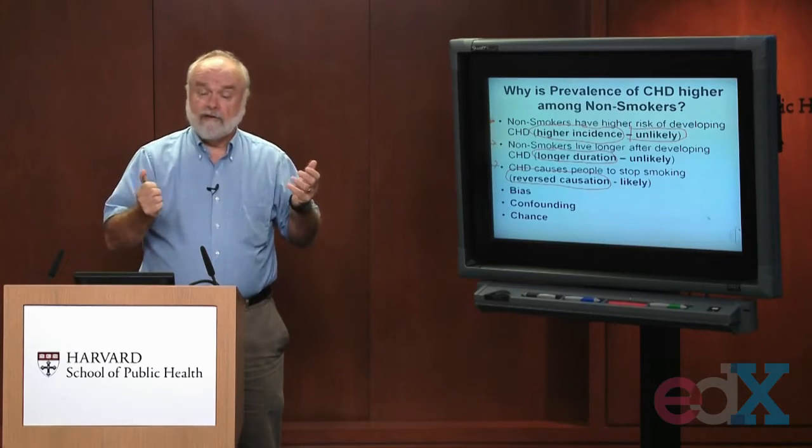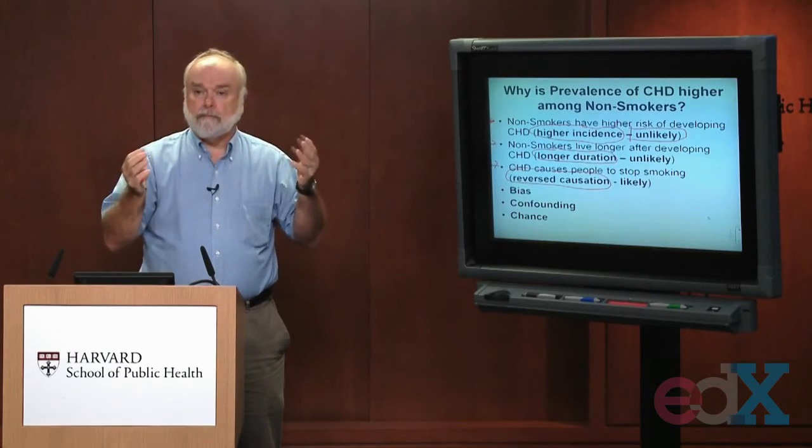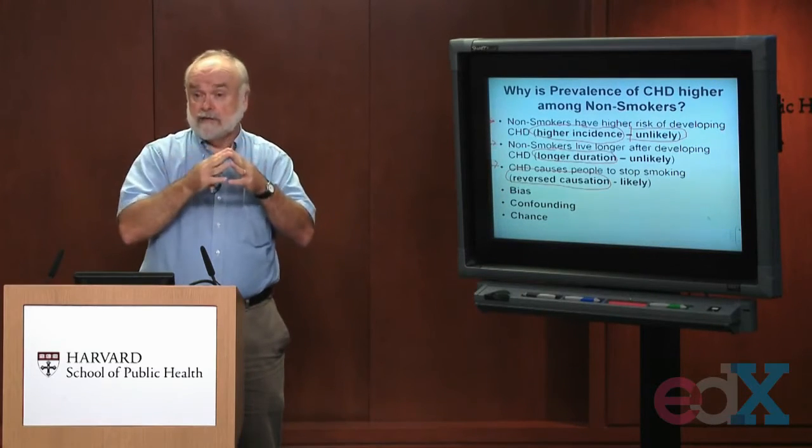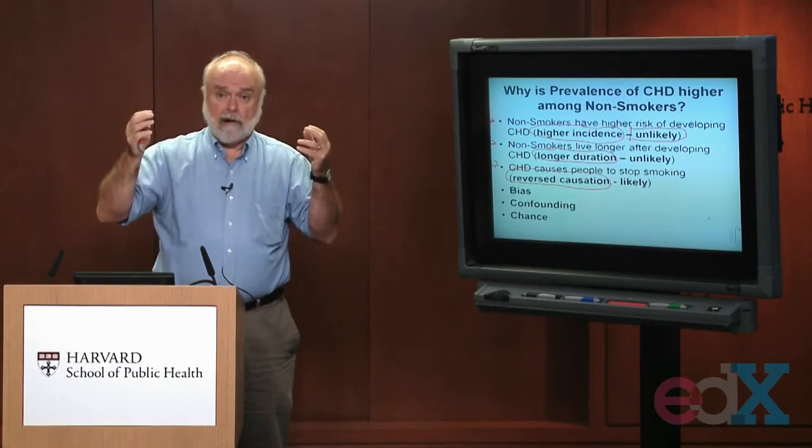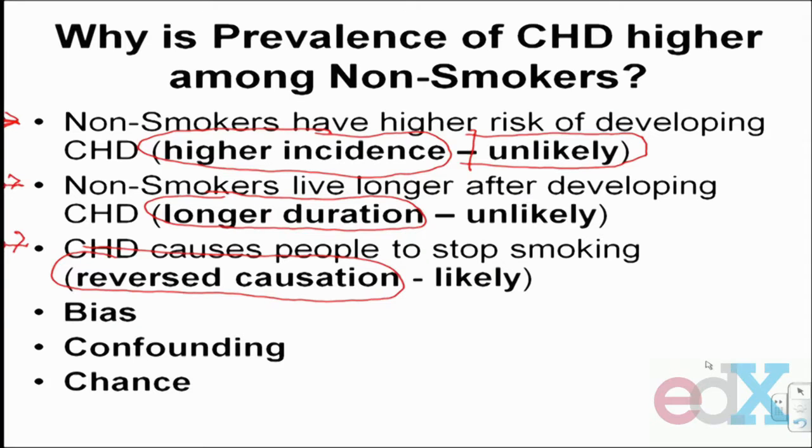But that's not enough. There are always at least 3 other plausible explanations for any association we see in an epidemiologic study. Elizabeth mentioned these, I mentioned these. We always have to consider that the reason for an association has nothing to do with the factor smoking and the outcome coronary heart disease, but it's due to a bias in the study design, or it's due to confounding by other factors, or it's due to the role of statistical chance.